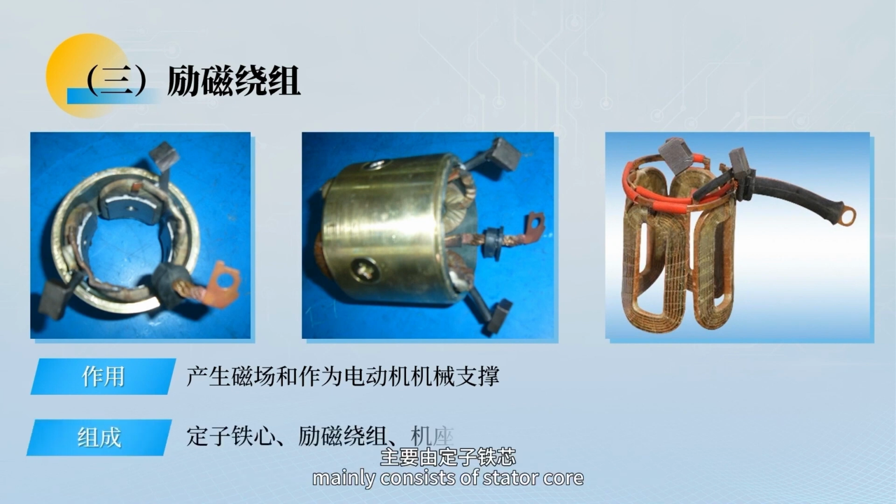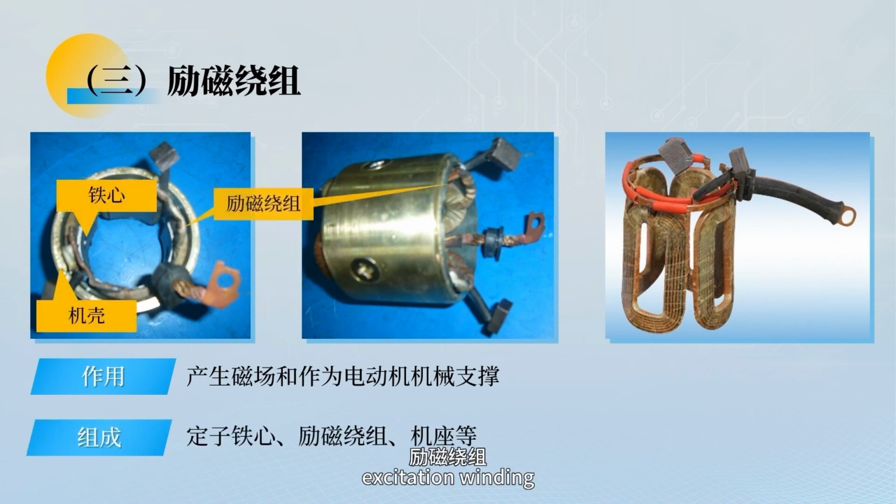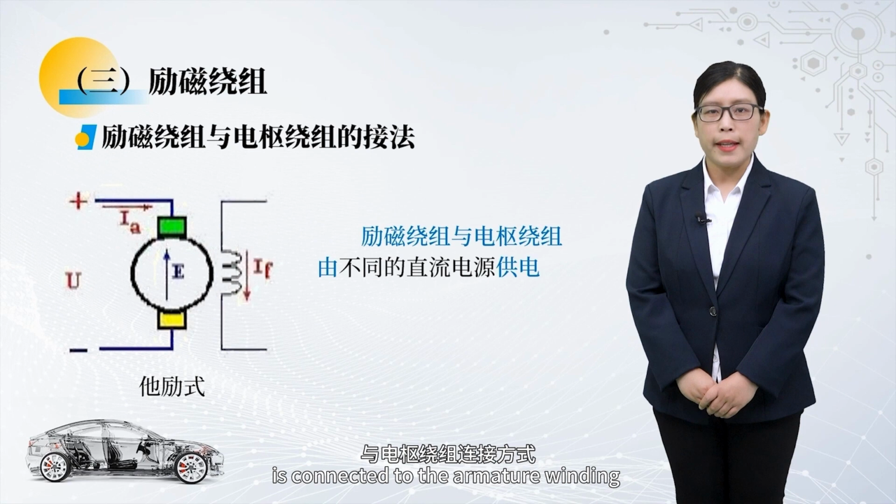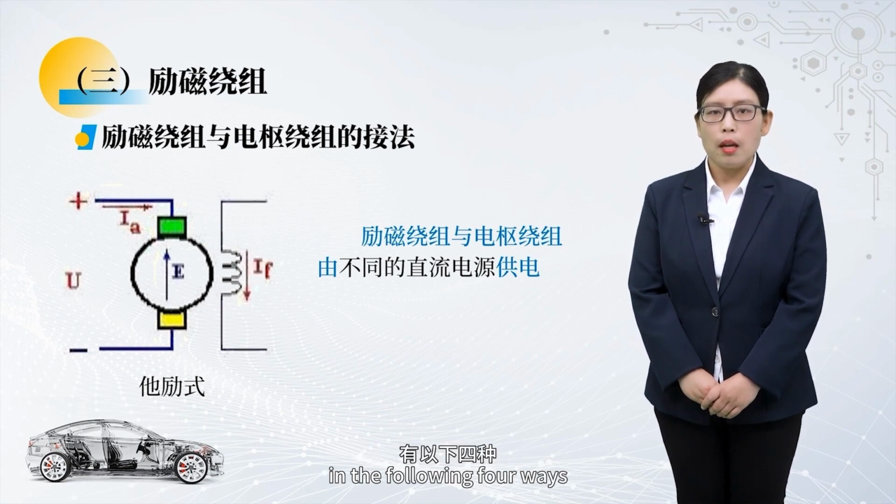It mainly consists of the stator core, excitation winding, base, and so on. The excitation winding is fixed inside the starter housing. The excitation winding is connected to the armature winding in the following 4 ways.